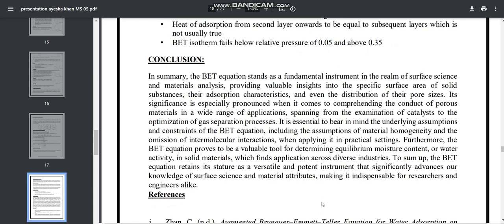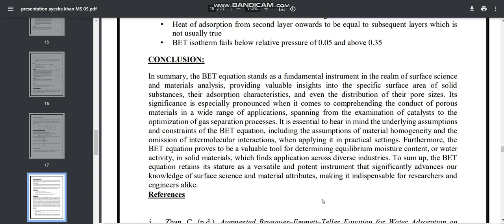In short, the BET equation is a crucial tool in surface science and material analysis. It helps to understand the surface area, adsorption properties, and pore size distribution of solid materials, especially in various applications like catalyst studies and gas separation. However, we need to consider its assumptions and limitations, like assuming the material homogeneity and neglecting the intermolecular interactions when we practice it.